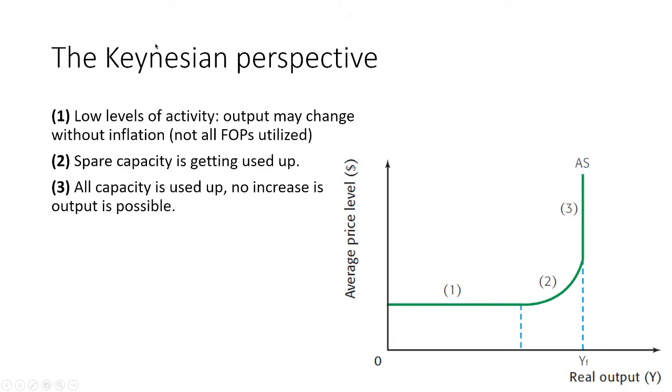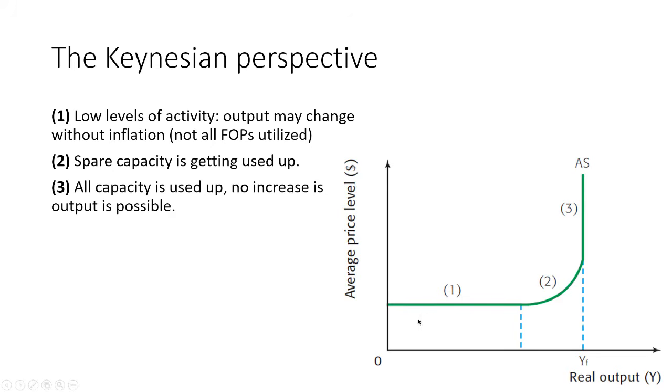And then there's another theory, which is the Keynesian perspective. Keynesians meant that there is no long run, and that in some areas, when you're not using all of your factors of production, you cannot have inflation at all.